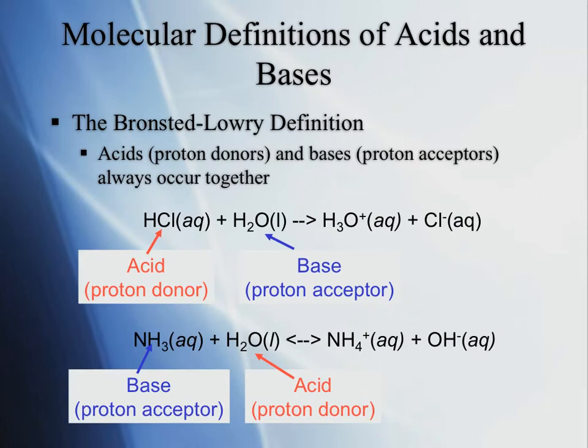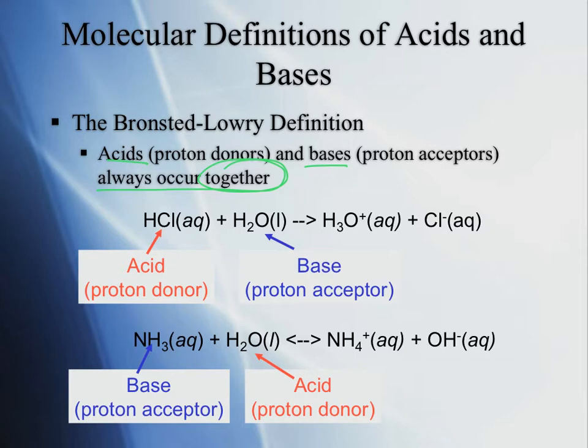All right, so taking a look at a couple more examples, we can always see that acids and bases always occur together. If one of these is giving away its hydrogen ion, the other one needs to accept it. So we have an acid and a base.